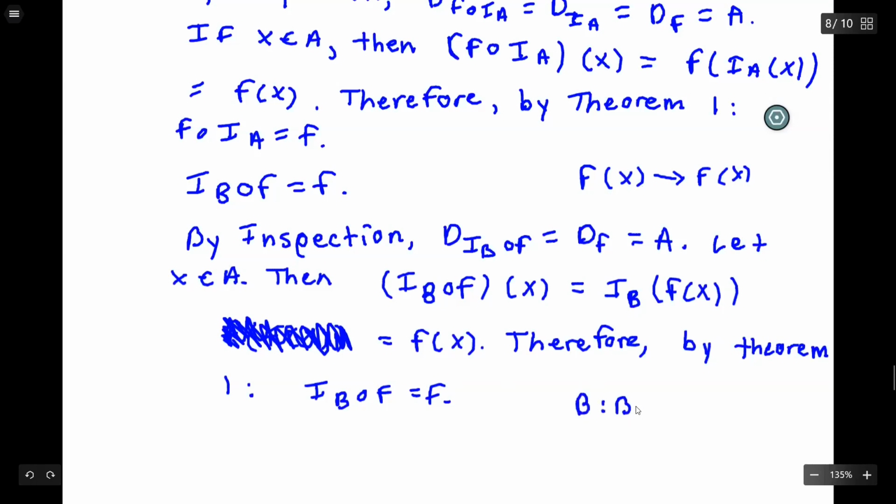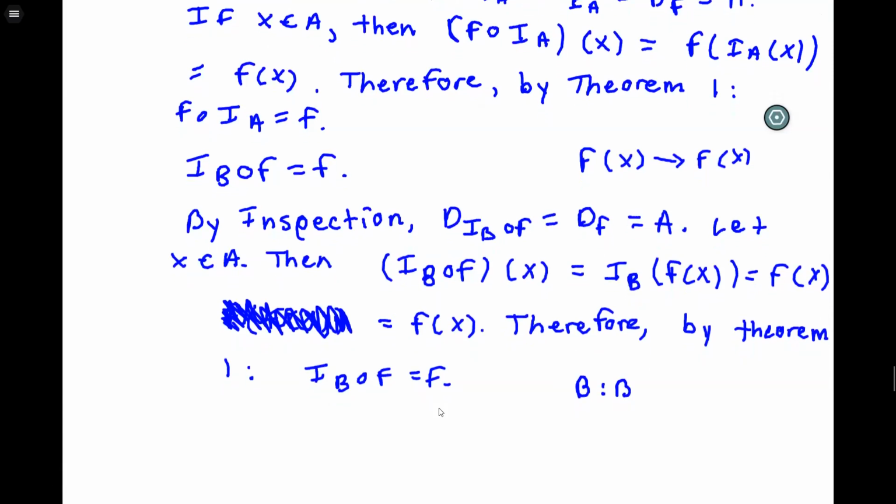So if I pick an element in B, and f of x is an element in B, the identity function would output the same thing, f of x. So therefore, by Theorem 1, we showed that the domain is A, we showed the domains are the same, and we showed that the evaluations are the same. So the composition has to be equal to f.